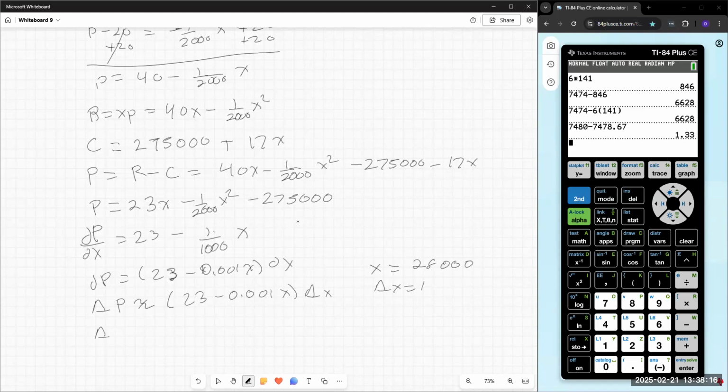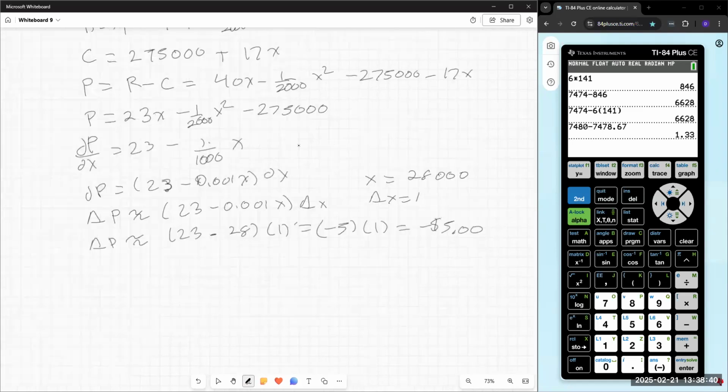So delta P is approximately 23 minus 28 times 1, which is -5 times 1, that's -$5 of lost profit by increasing by another unit. We should not have done that.